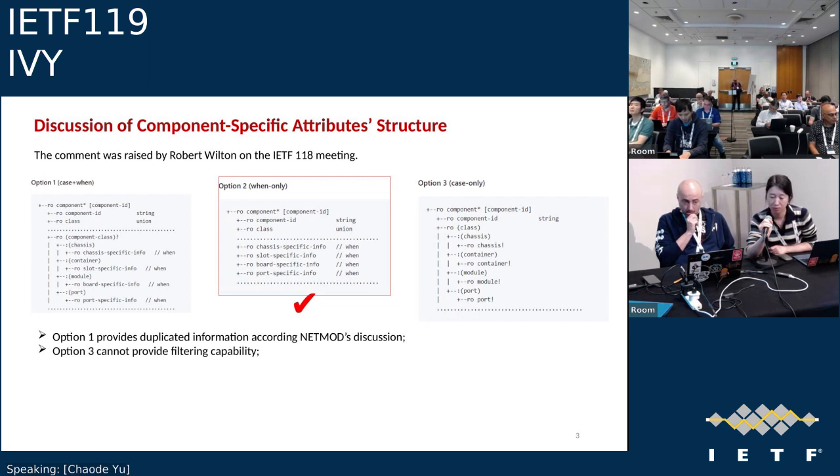Currently, there's not too much discussion on this point. We used to have some discussion during the CCAM work, but no finalized conclusion has been reached. We also prefer to have some discussion after this meeting to define some component-specific attributes in the core models. Okay, thanks for the clarification.